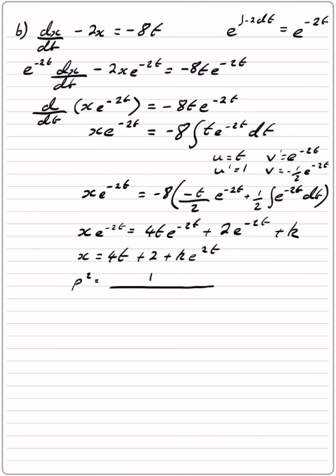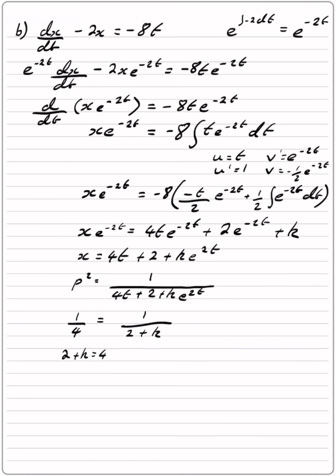We know that x is 1 over p squared, so I can flip the right hand side. P squared will be equal to 1 over 4t plus 2 plus ke to the 2t. Then using the values they give us in the question, p equals 0.5 when t equals 0, substituting those in, we'll get a quarter is equal to 1 over 2 plus k.